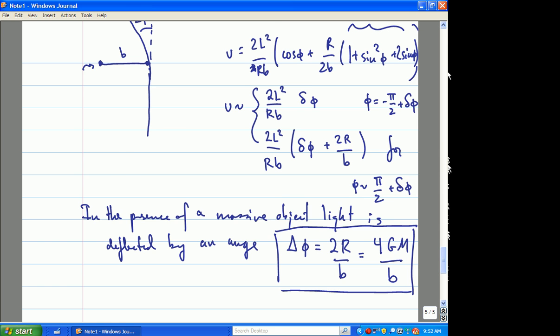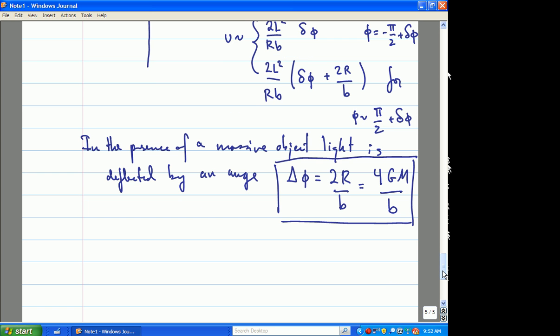And this effect is known as gravitational lensing. And it is one of the best observed effects of general relativity.